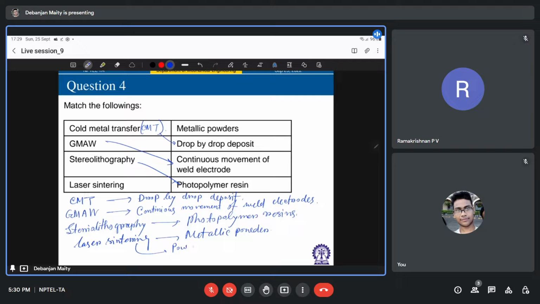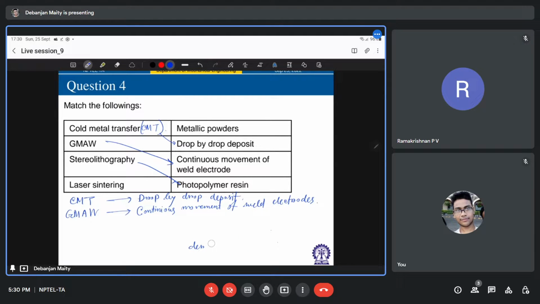So if you try to figure out how it looks like, you have a base, like this, and then you have some kind of roller over here.